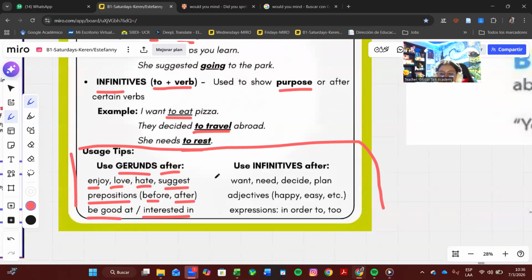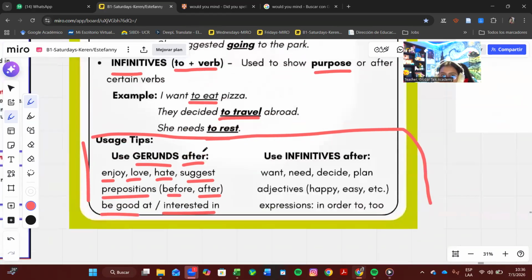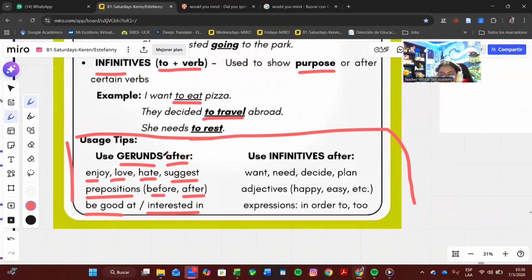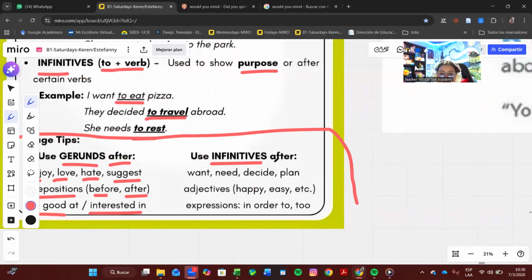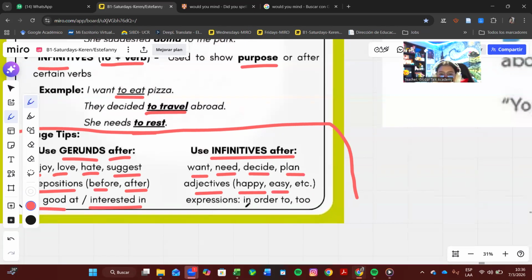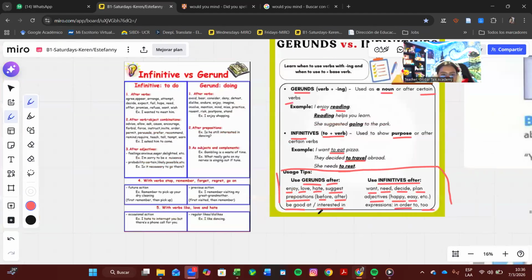So more like feelings and things like that, and also prepositions like in, and, at, and so on. And then we have infinitives. We use them after certain verbs like want, need, decide, plan, after adjectives like happy, easy, or in expressions like in order to, okay?